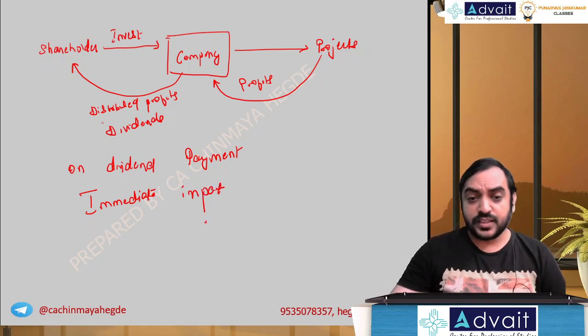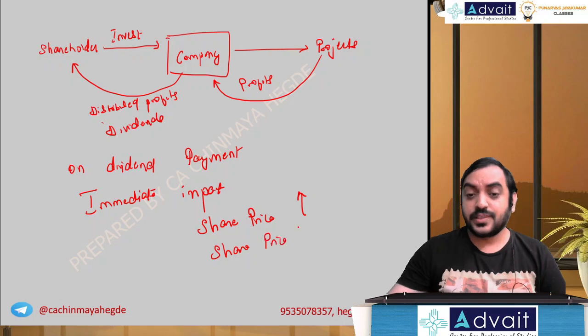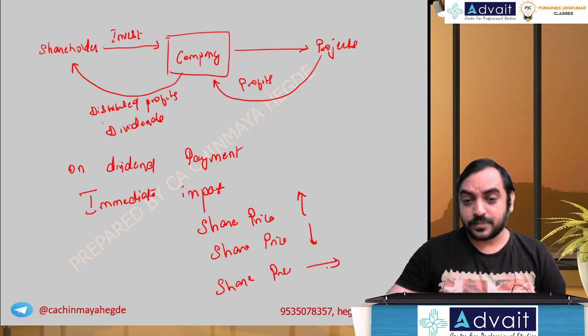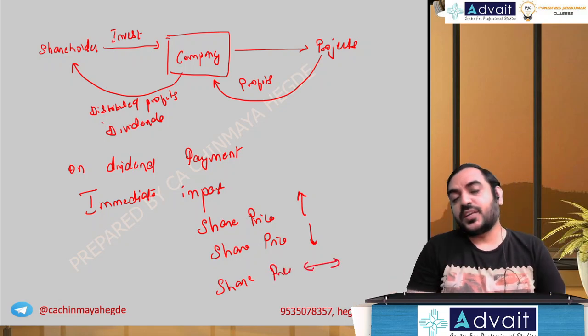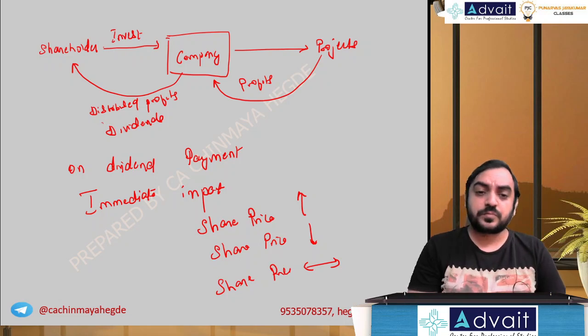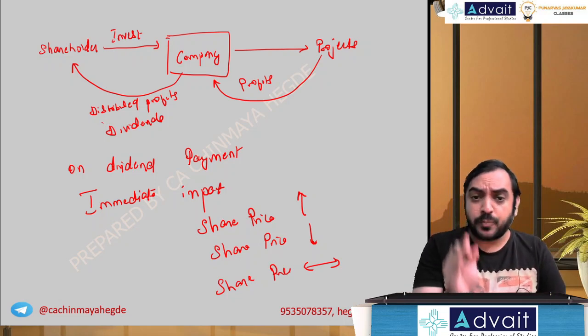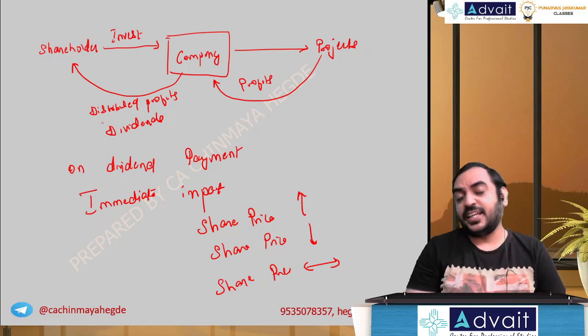Do you think the share price will increase, or decrease, or remain the same? No increase, no decrease. What do you think? When a company makes a dividend payment, what will happen to share price immediately?